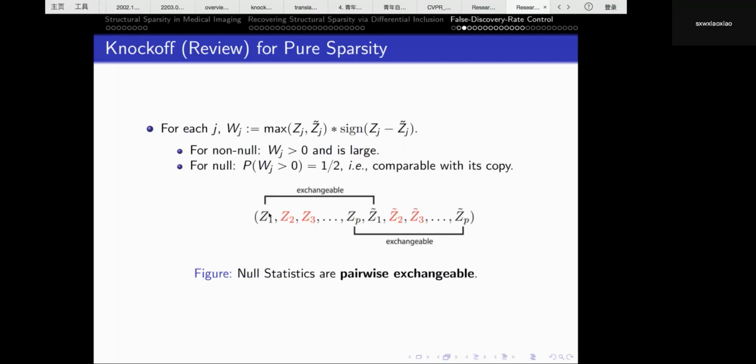But for the null feature, we have the exchangeability property because of the homogeneity of the noise variable, which means the distribution of the W is unchanged after we swap each subset of features with their copies. In this regard, the W of each feature has equal probability to be positive and negative. So this means the Zj is comparable with its copy.